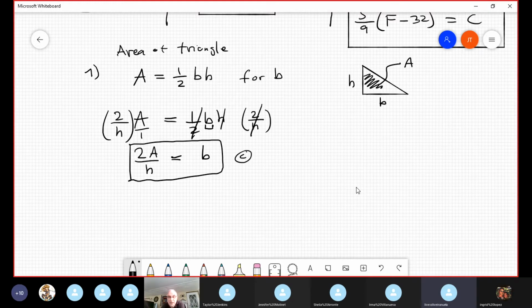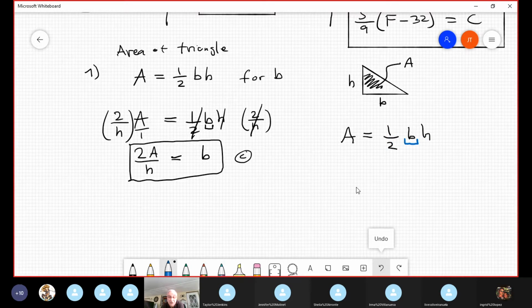Let me try to do it step by step. Look, A is equal to 1/2 B and H. My goal is to do something to isolate B, because I need to remove somehow this 1/2 and this H. Correct? Correct, Professor.